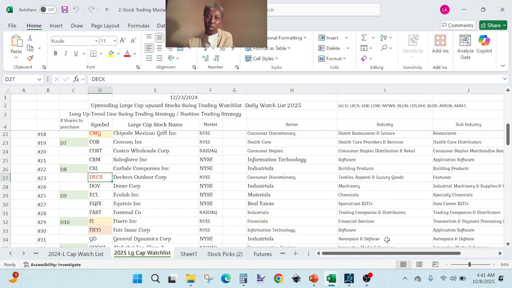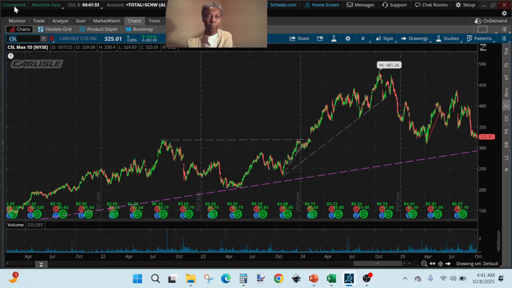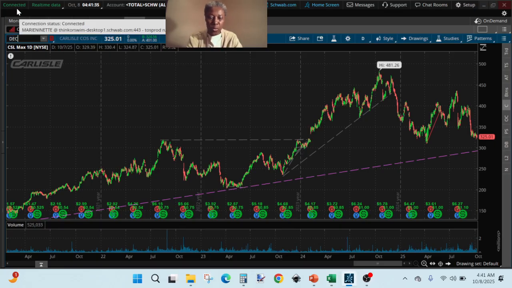After you have it in your portfolio, you focus on when you want to get out. When you do not have it in your portfolio, your analysis is to see where to buy. So DECK, at least with the strategy we are using.